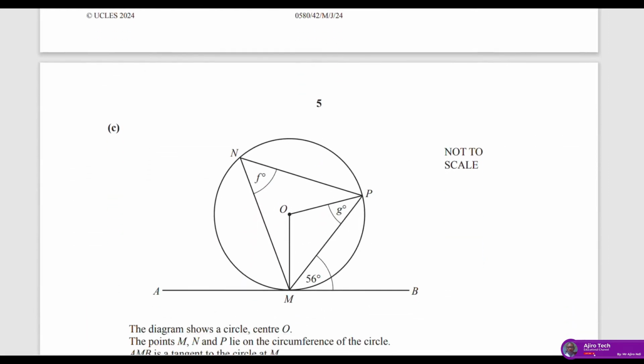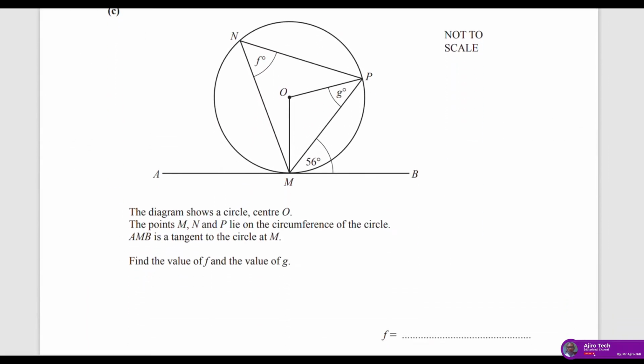Now, this is a circle geometry question. Find the value of f and the value of g. F is made at the point N by chord PM or MP. The chord MP makes an angle with the tangent, so this angle made with the tangent should be equal to this angle F. It's called the alternate segment theorem.